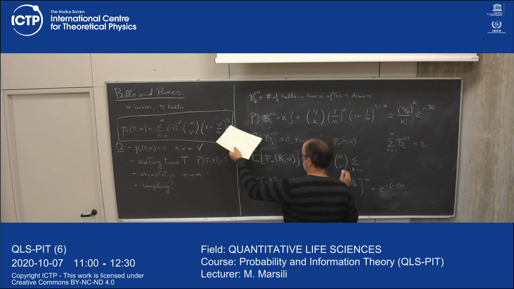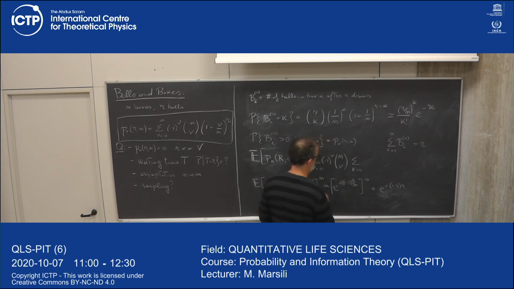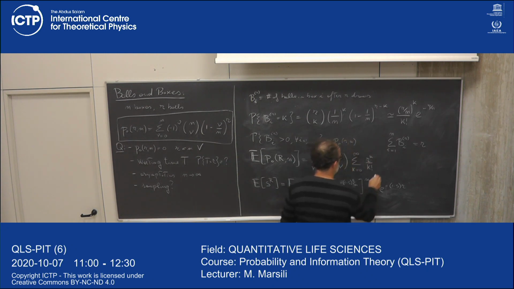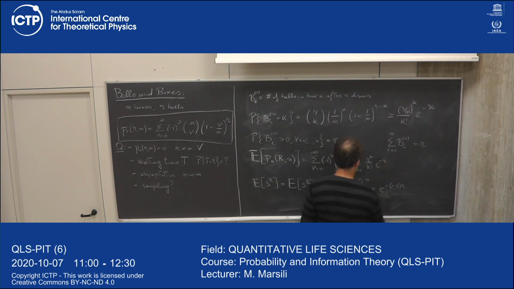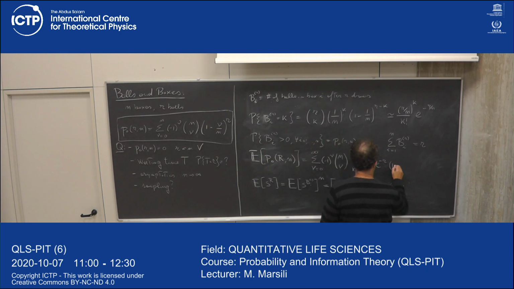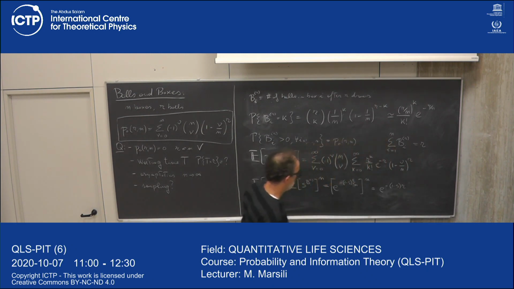Now I'm calling R the expected value of capital R. So I take the sum on k from 0 to infinity of the probability, which is R to the k over k factorial e to the minus R, and then I have (1 minus nu over n) to the k.